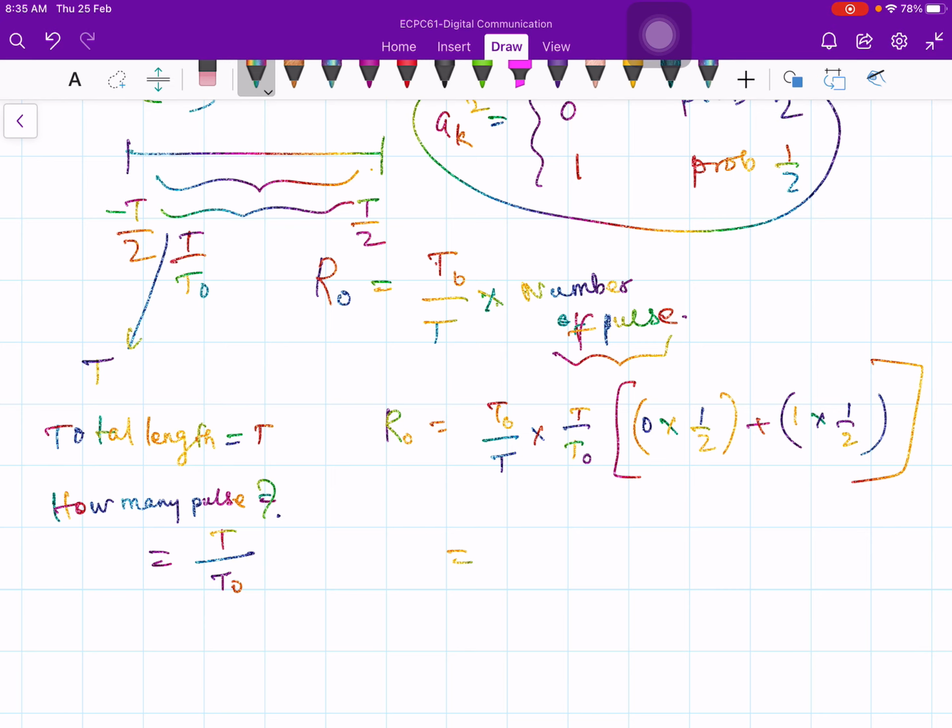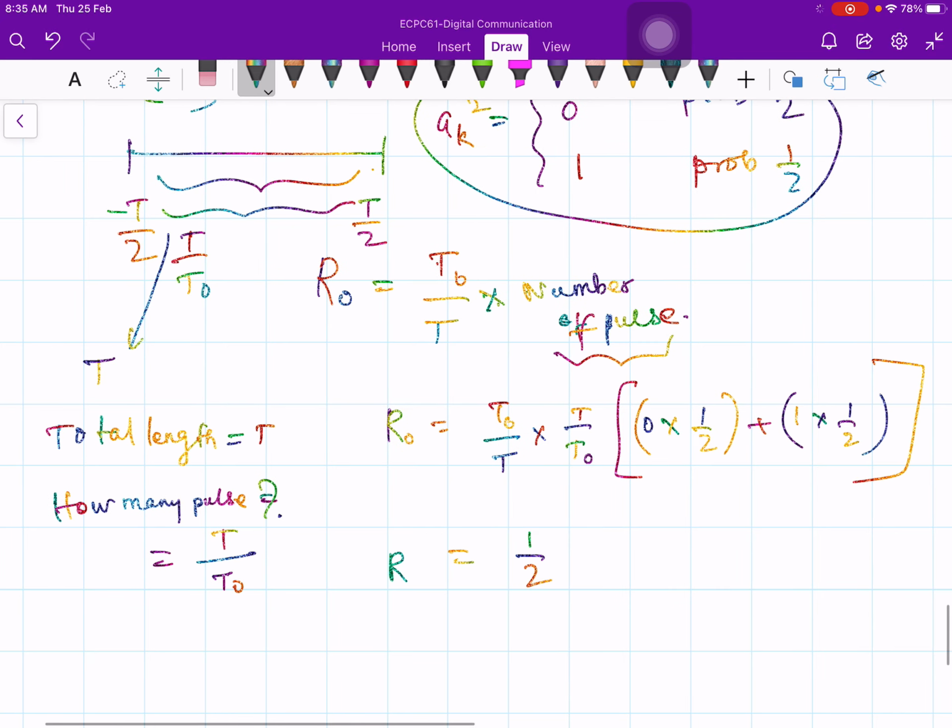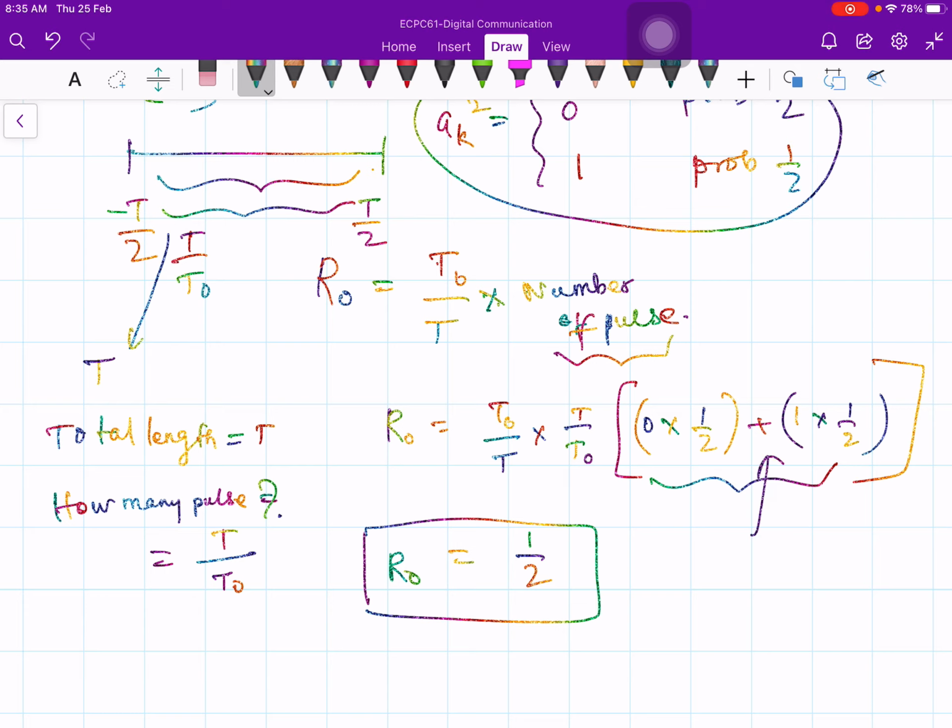So if you simplify this, it is going to be 1 by 2. This is R0. So half of the symbols in this interval, minus T by 2 to plus T by 2, will contribute this much probability.